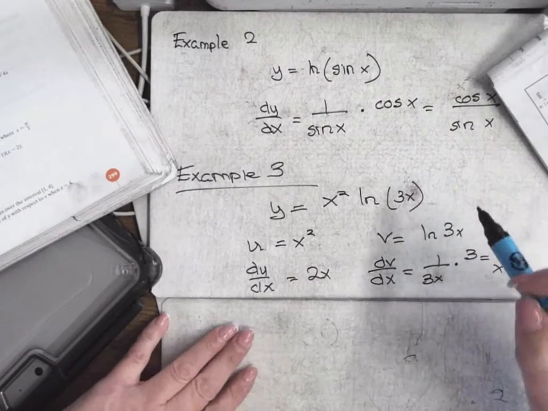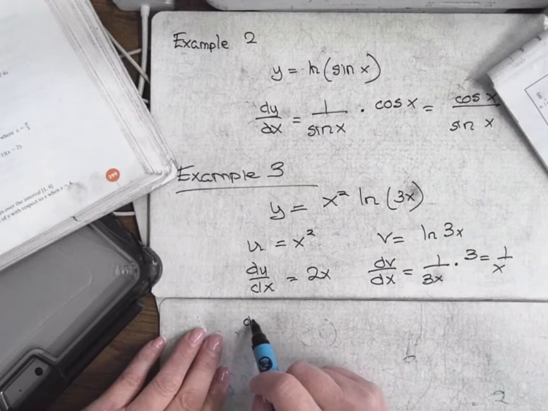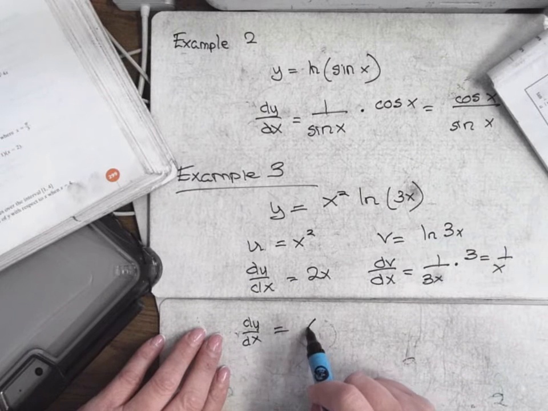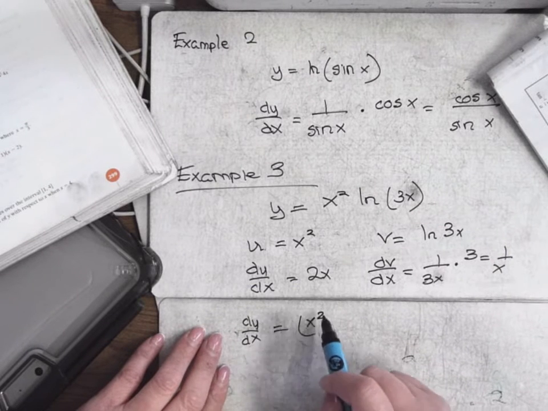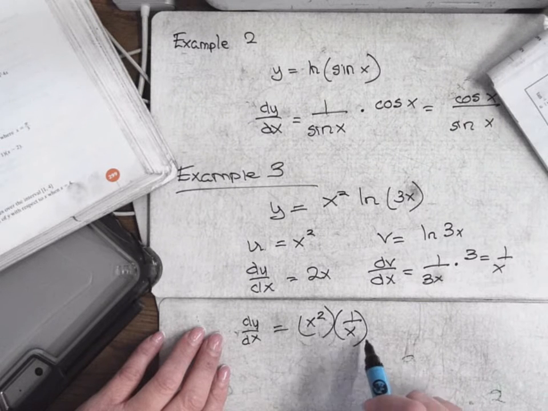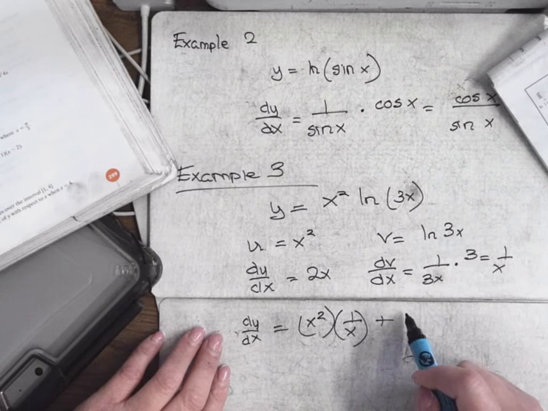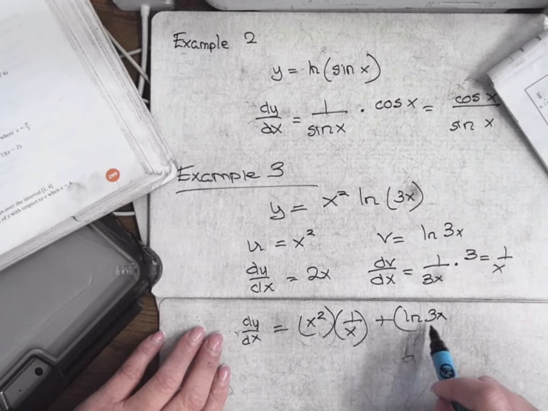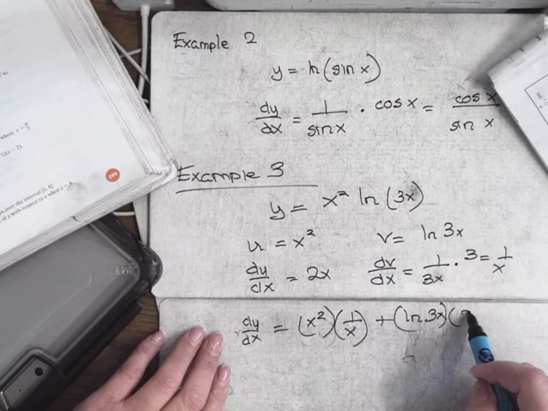Right, okay, so product rule. dy/dx is equal to, I'm not writing out the product rule, but it's u, which is x squared, times dv/dx, which is 1 over x, plus v, which is ln 3x, multiplied by du/dx, which is 2x.